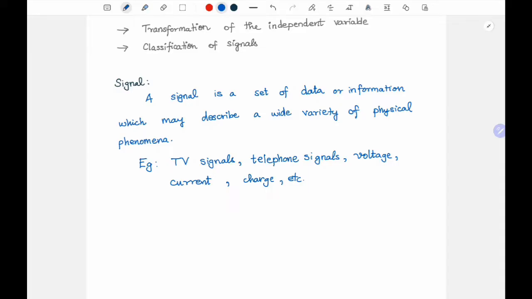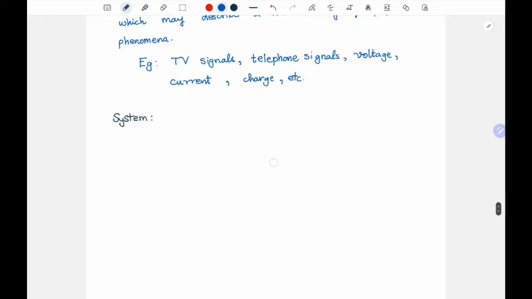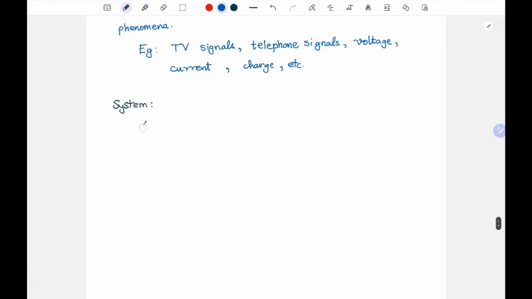Okay. So next we define what is a system. So what is a system? A system is an interconnect of components, devices, and subsystems.